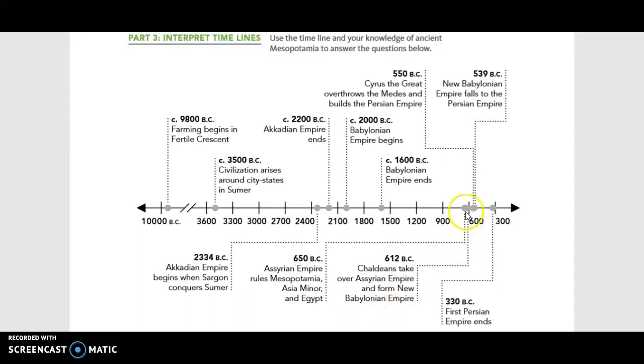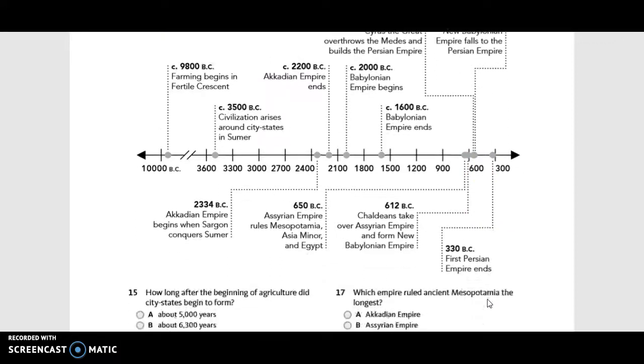And then back up here to 550 BCE, Cyrus the Great overthrows the Medes and builds the Persian Empire. 539 BCE, the New Babylonian Empire falls to the Persian Empire. And then lastly, 330 BCE, the First Persian Empire begins. It's with those in mind that I give you the following questions.